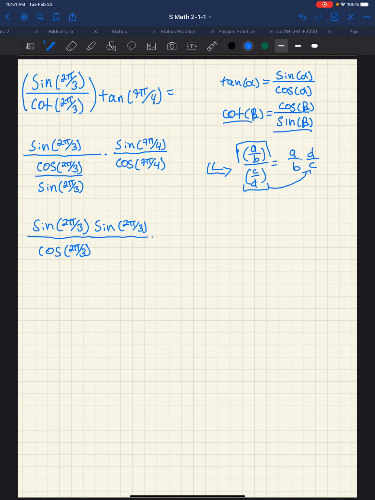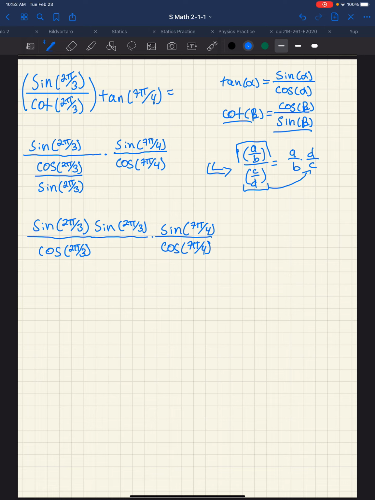Okay, and then we just want to multiply that against our other fraction, this guy here. So that would be sine of 7 pi over 4 over cosine of 7 pi over 4. All right, so now we got rid of the fraction in the denominator. Now we can just plug in our values for sine of 2 pi over 3, cosine 2 pi over 3, etc. And then we can just simplify till we have an exact answer.